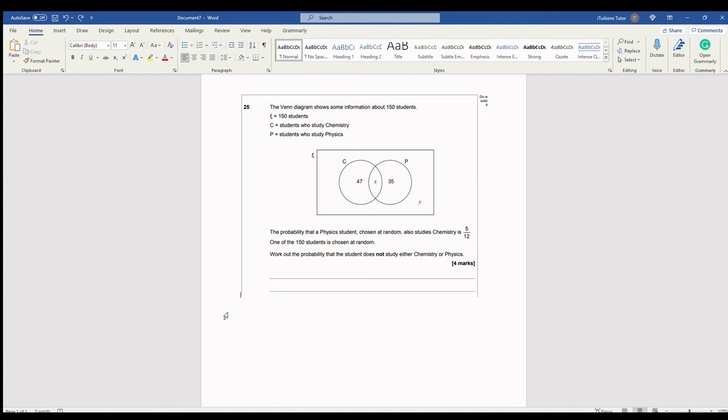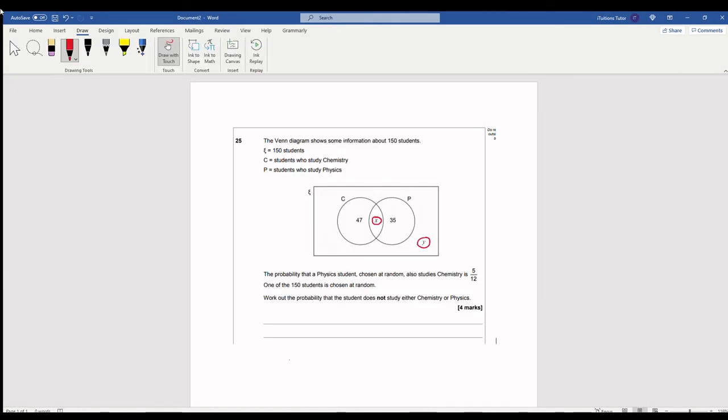In this Venn diagram, we have two unknown values, x and y. We need to use the probability 5 over 12 to work this out because it tells us a physics student chosen at random also studies chemistry is 5 over 12. So it's the probability for the x.